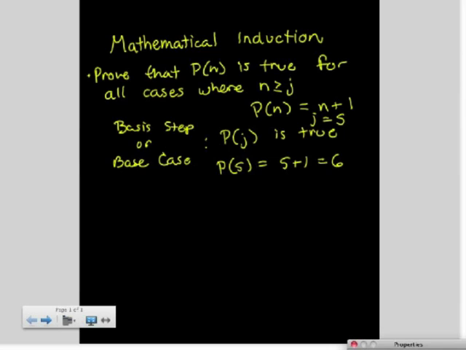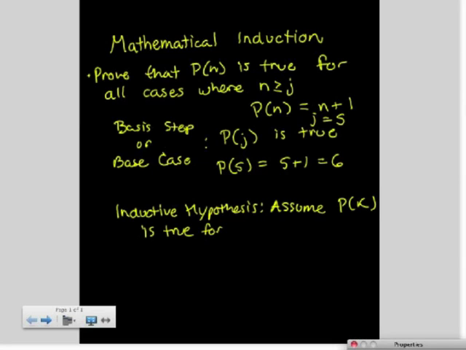Okay? So then, for your inductive step, you would do your inductive hypothesis. Your inductive hypothesis is that you're going to assume that P of k is true for all cases where n is greater than or equal to j.